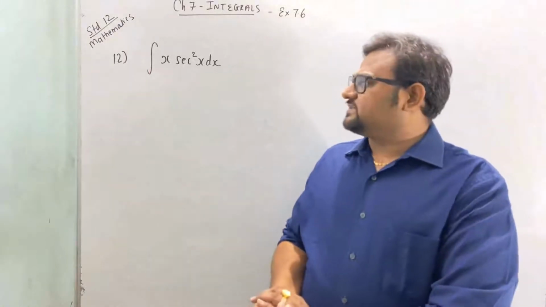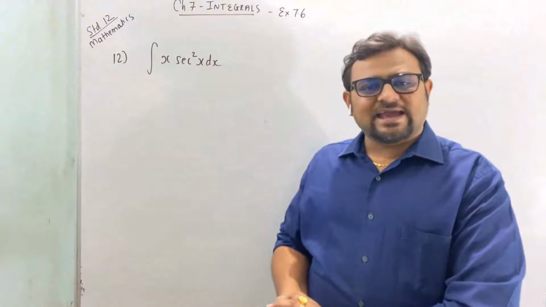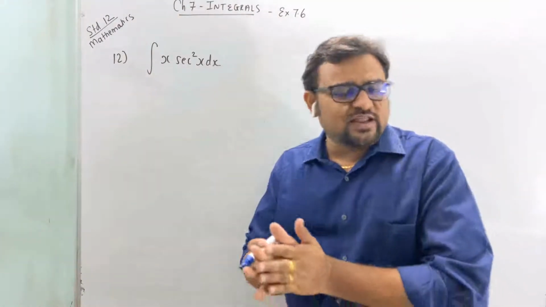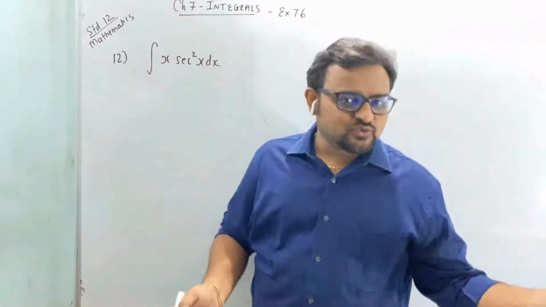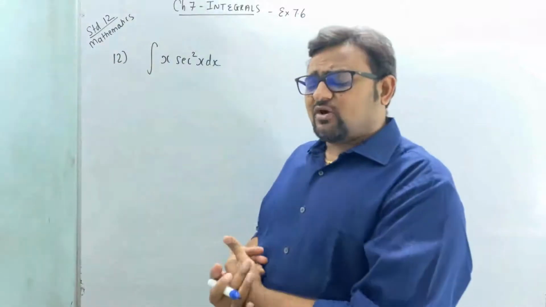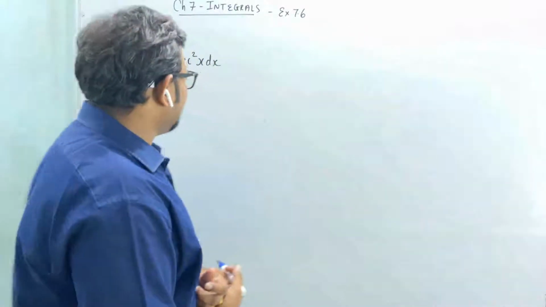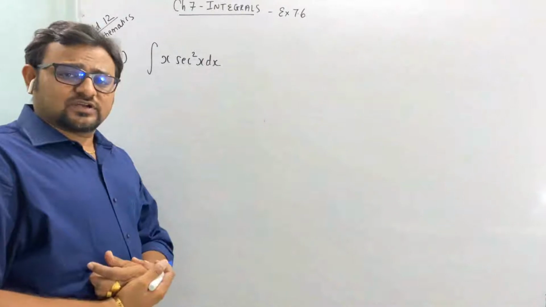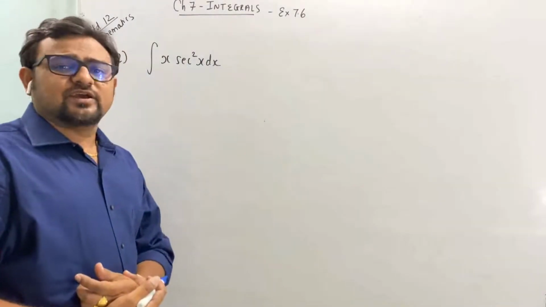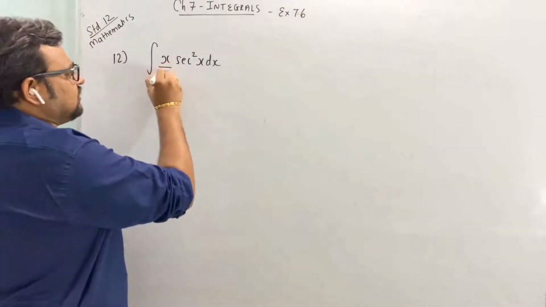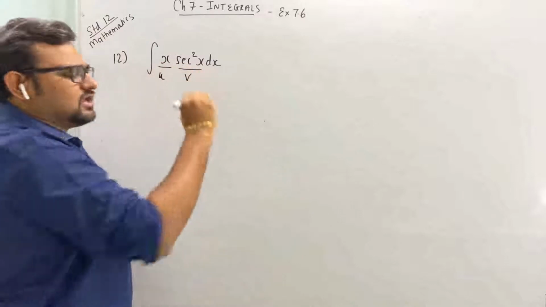Here we can simply see there is a product of x and sec square x. So we will assume one as u, other as v, using the rule of ILATE. Algebraic has first priority compared to the trigonometric. So this will be u, this will be v.